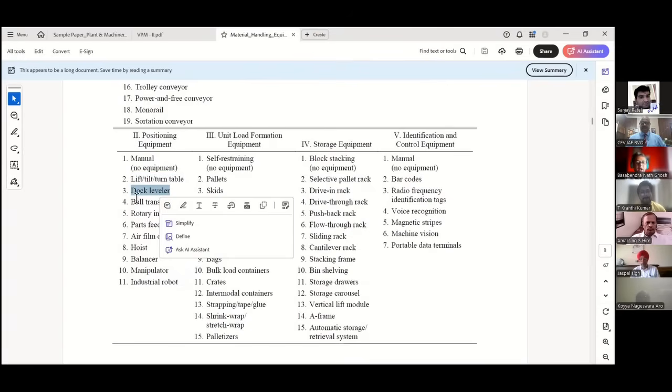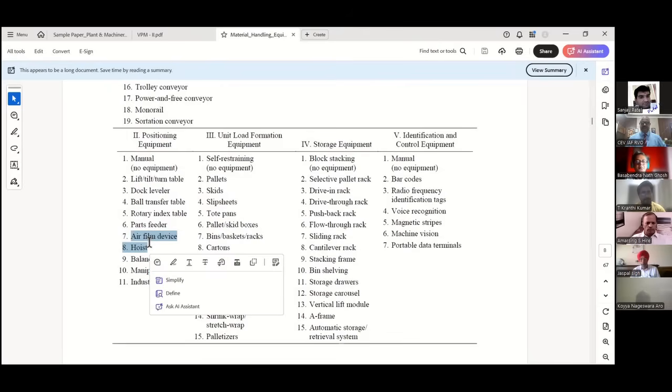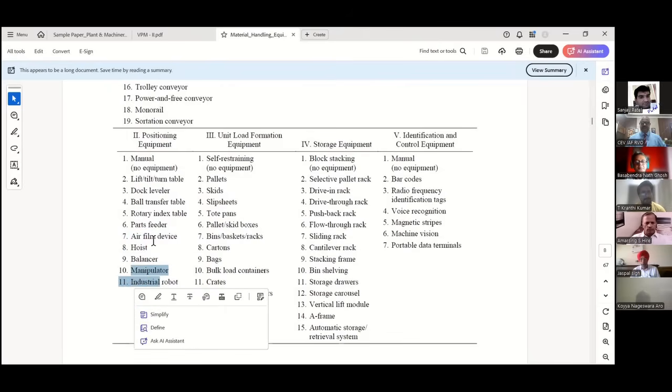Dock leveler, ball transfer table, rotary index table, parts feeder, lift, hoist, balancer, manipulator, or industrial robots. To change the position, that may be up, down, or any three-dimensional change, along the x-axis, y-axis, or z-axis.